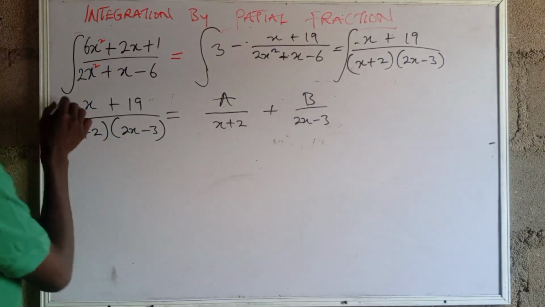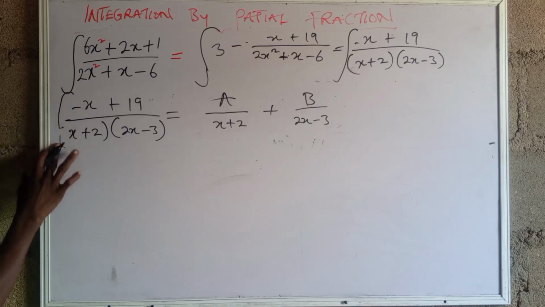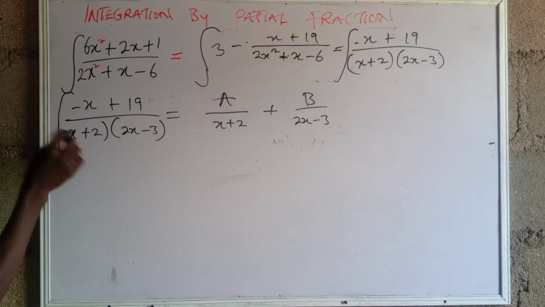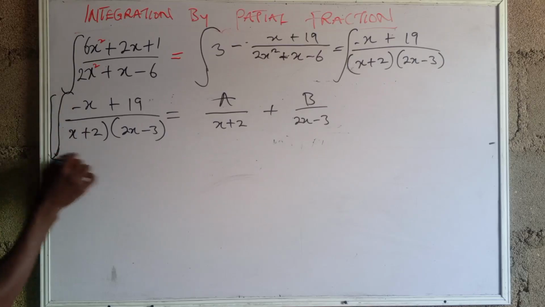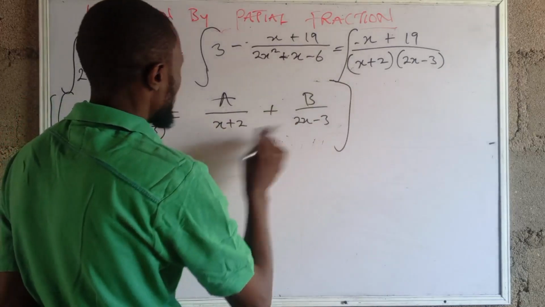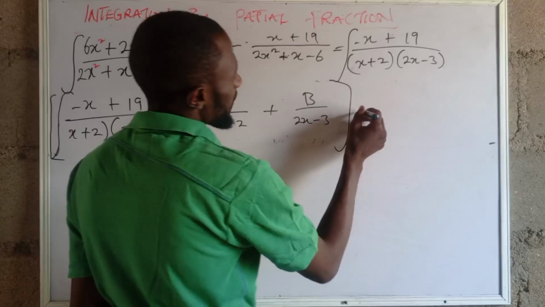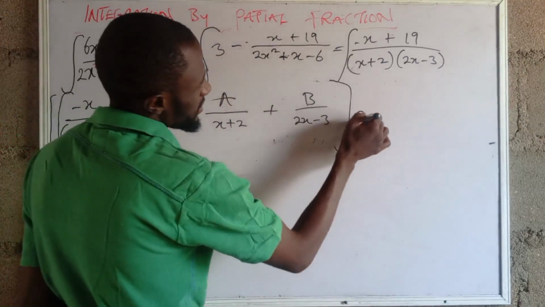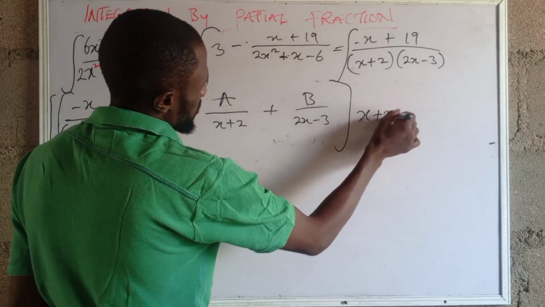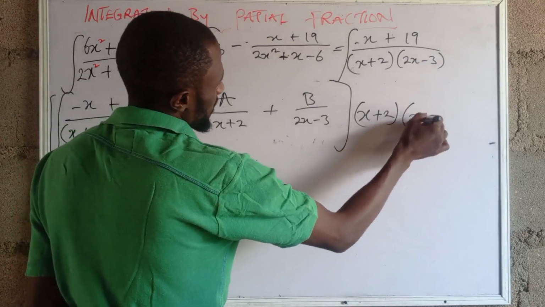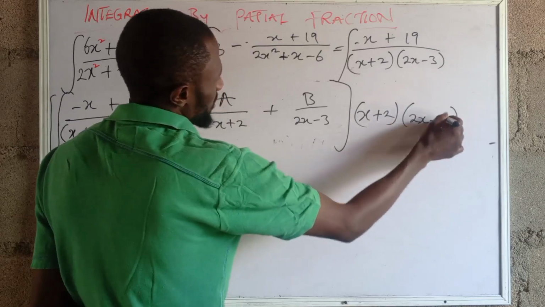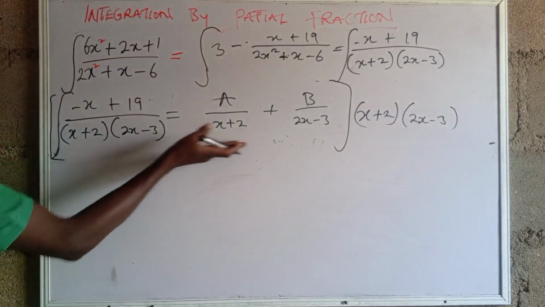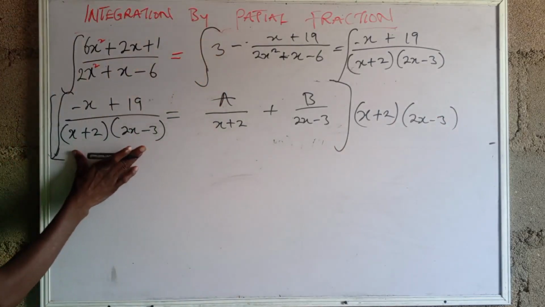Okay, remember that you can multiply the whole of this by the LCM, which is x plus 2 into 2x minus 3, so as to keep the fraction away.